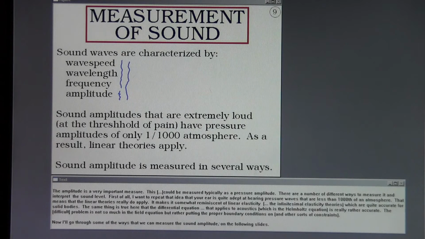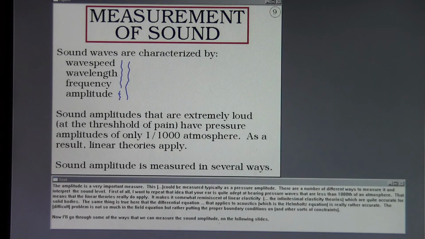The same thing is true here: the differential equation that applies to acoustics, the Helmholtz equation, is really rather accurate. The problem is not so much in the field equation, but rather in putting on the proper boundary conditions and other sorts of constraints. Now, I'll go through some of the ways that we can measure the sound amplitude on the following slides.